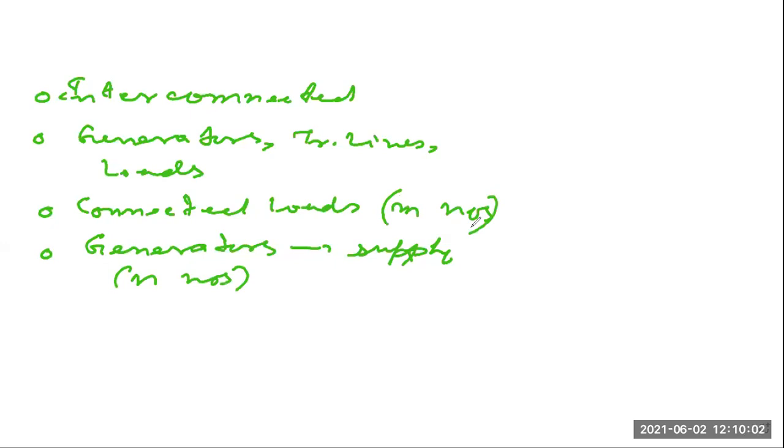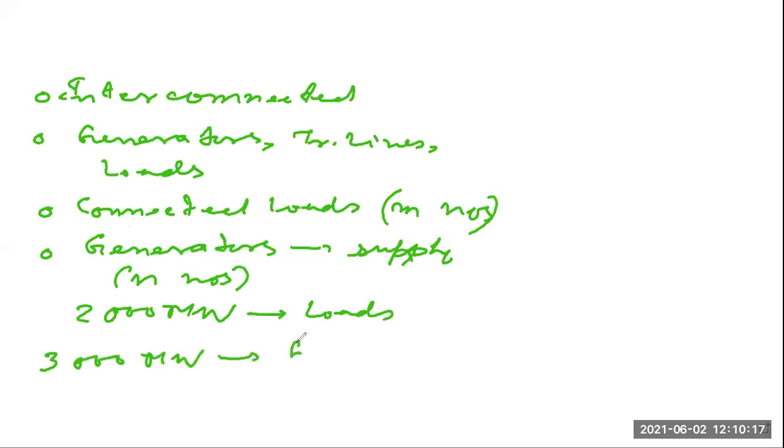Let us say at any instant we have 2000 megawatt, the connected load. Now you have a generator capacity of, let us say, 3000 megawatt. This is the total generation capacity. Now, out of this total 3000 megawatt, what should be the share of each generator? Can anyone tell how to distribute?